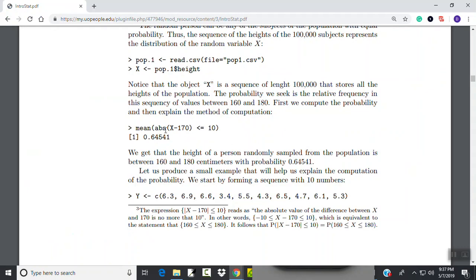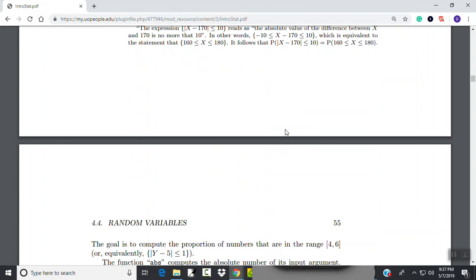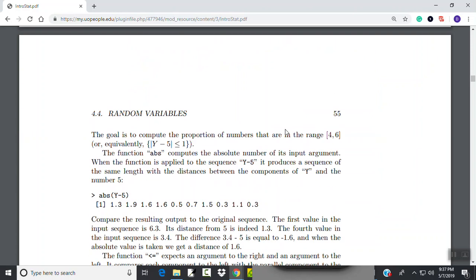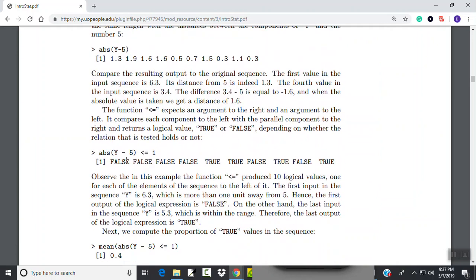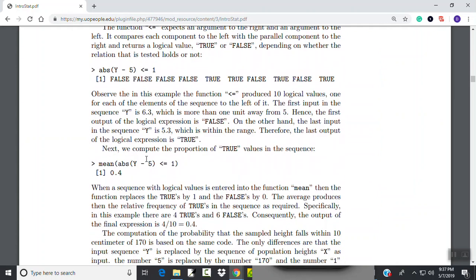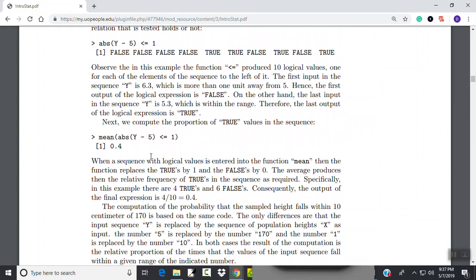Okay, so that's what they're doing there, calculating the probability of picking a value between two numbers. And looks like they're doing another one there. I've generalized this now though, where you can easily change that.